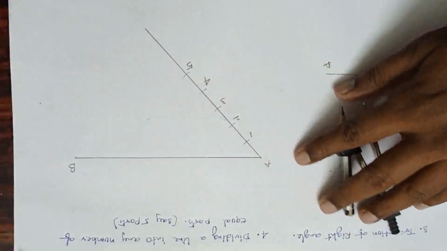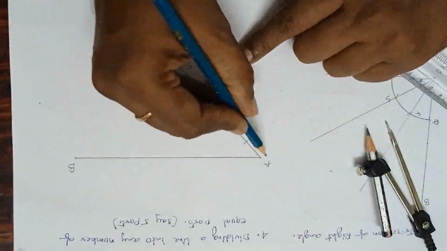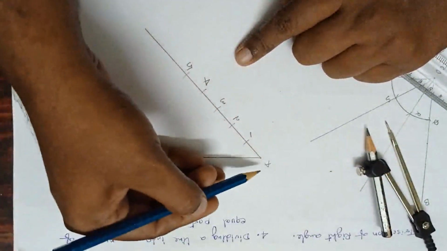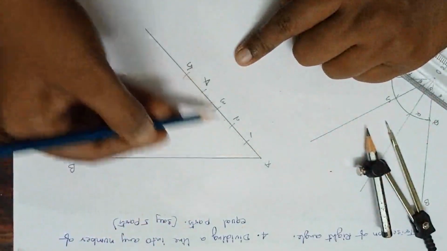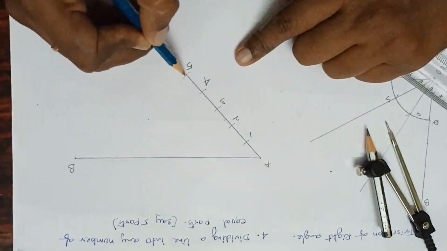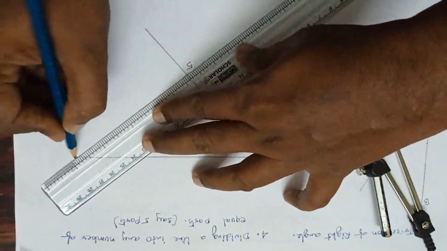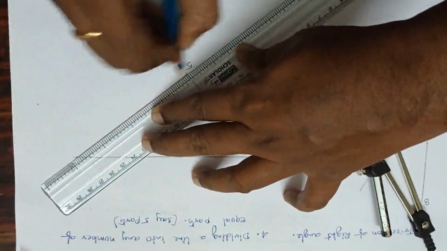Now I know the extreme end of this line, that is B. And the extreme end of this line, that is 5. So first I'll join 5 and B. I'll get some line here.